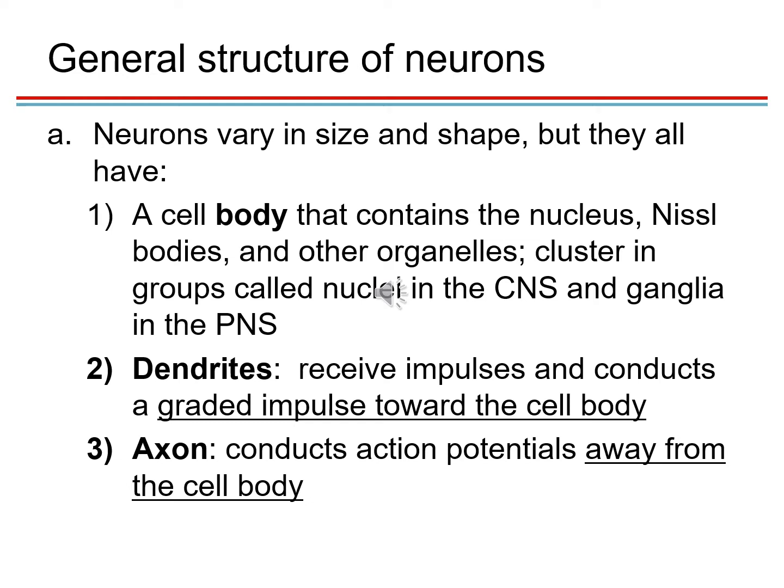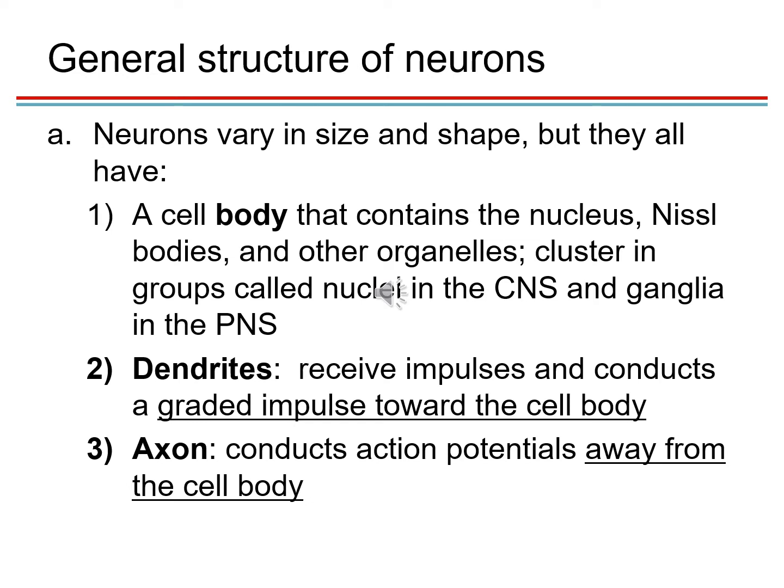That electrical information is captured by the dendrites and sent to the body. When the body receives that electrical information, it is also conducted to the hillock. The hillock is the area in the neuron that connects the body with the axon.